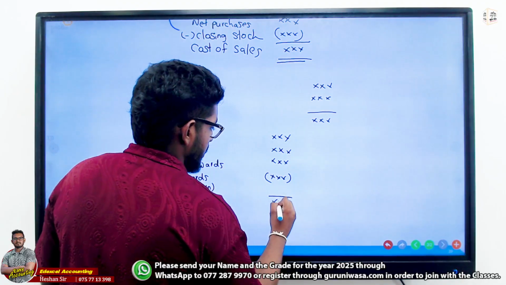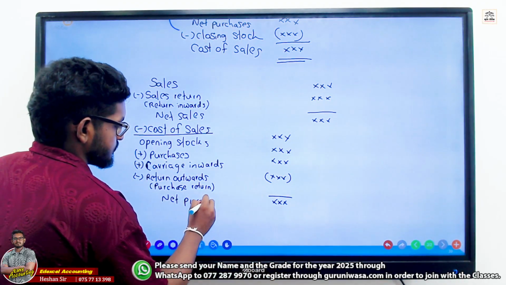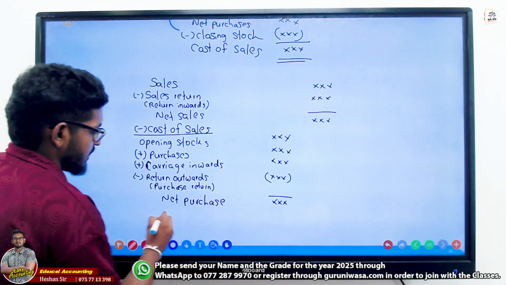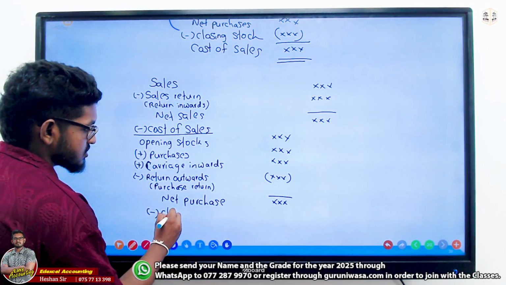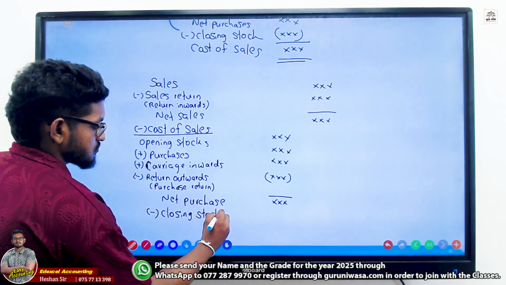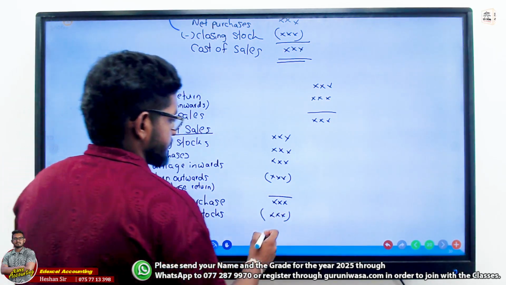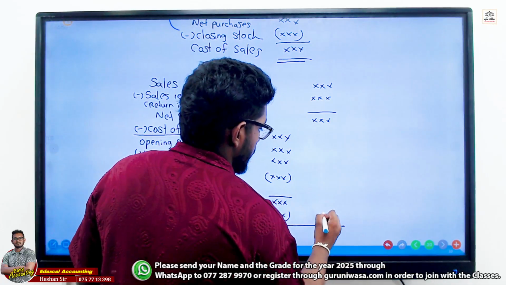Then we get the net purchase. Then again we deduct closing stock. Then we get the cost of sales.